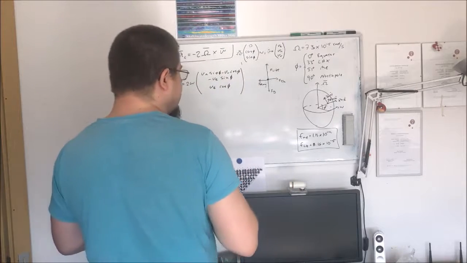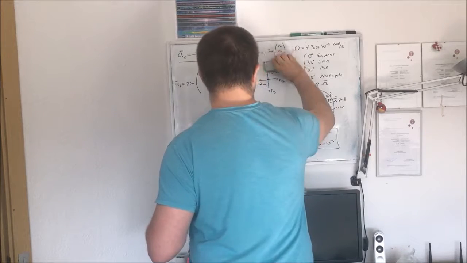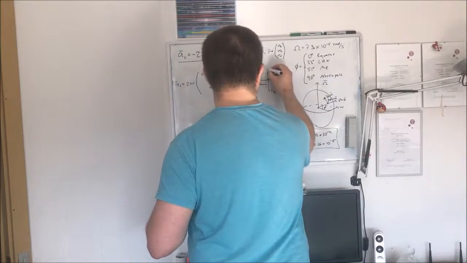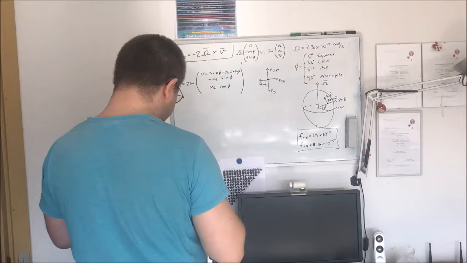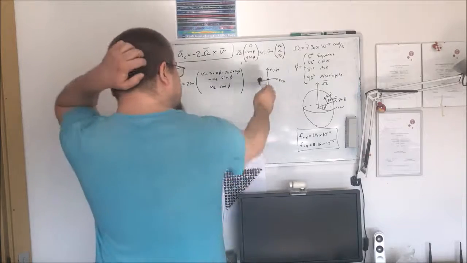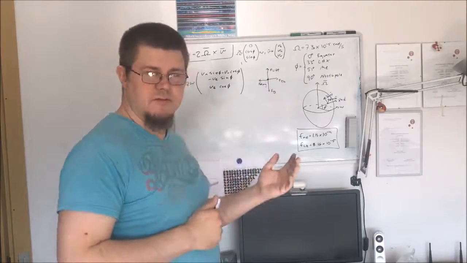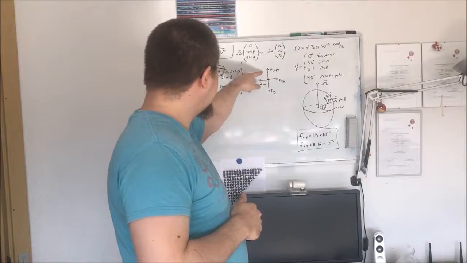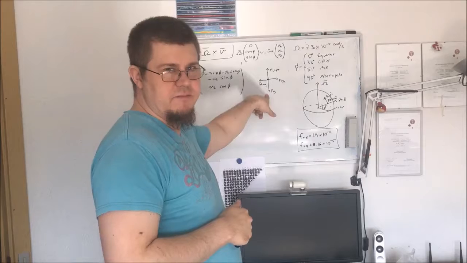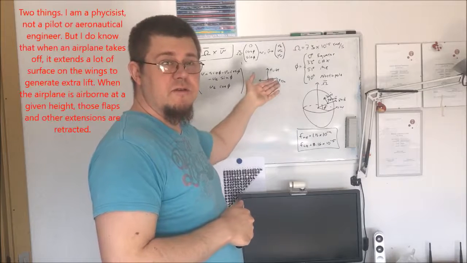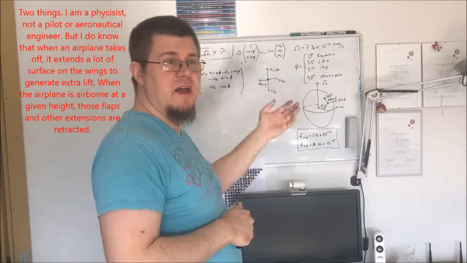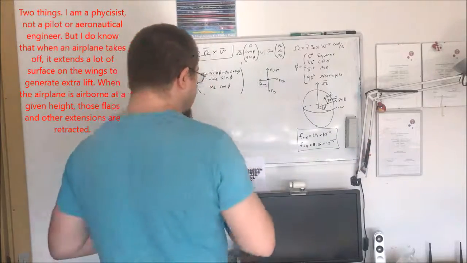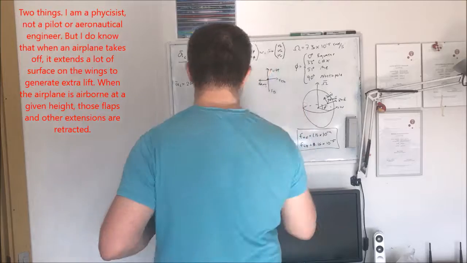And at some point when the airplane is at cruising speed, the force of the drag will be equal and opposite to the force of the thrust, and also the force of the lift will be equal and opposite to the force of gravity. So in essence, no net force is acting upon the airplane, and hence it moves with constant velocity. All right, so we have that in place now.